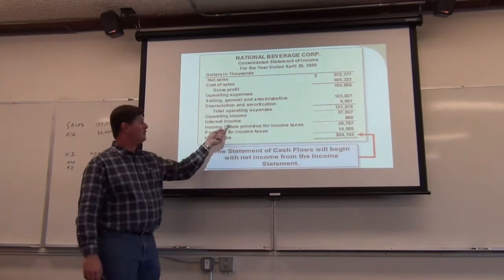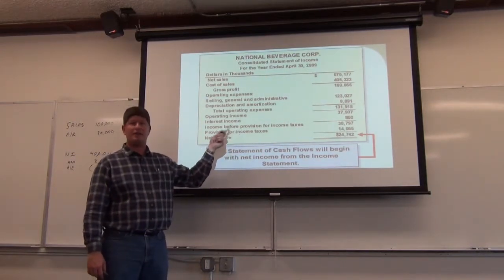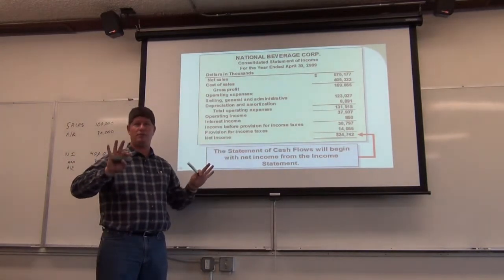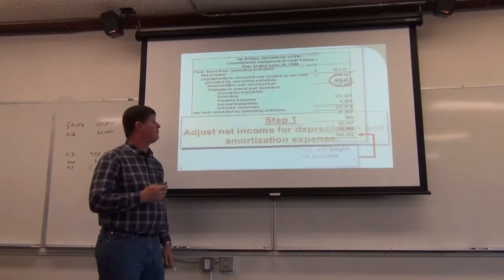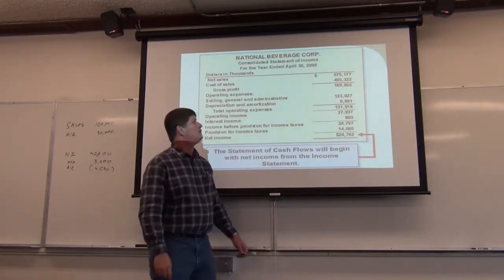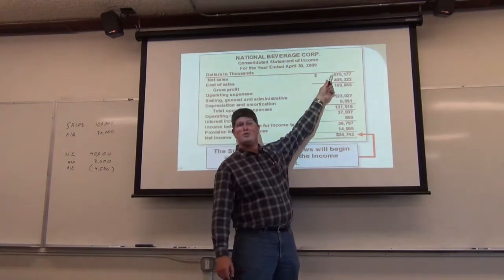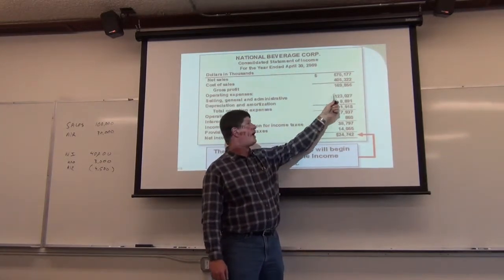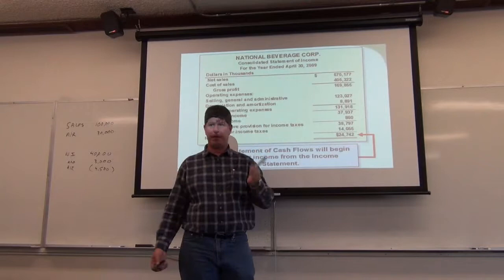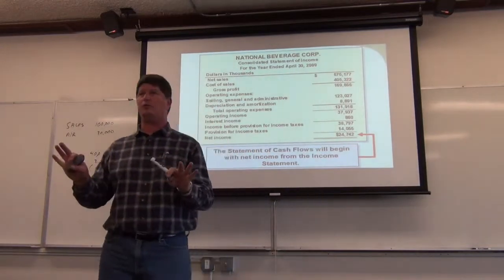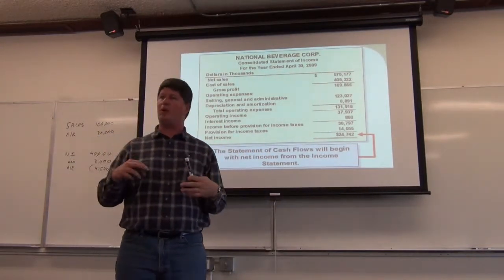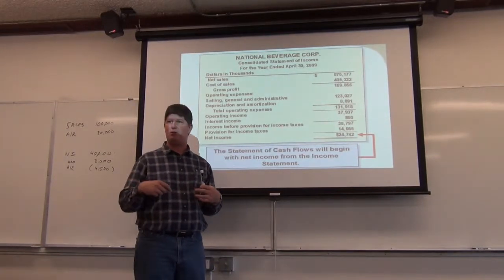Okay? That's income after taxes. Net income, bottom line. Good? And it records your revenues, which it's assuming is cash, and all of your expenses, which we're assuming were paid in cash. But we know they weren't. And now we go back and we try and modify that to the cash method.